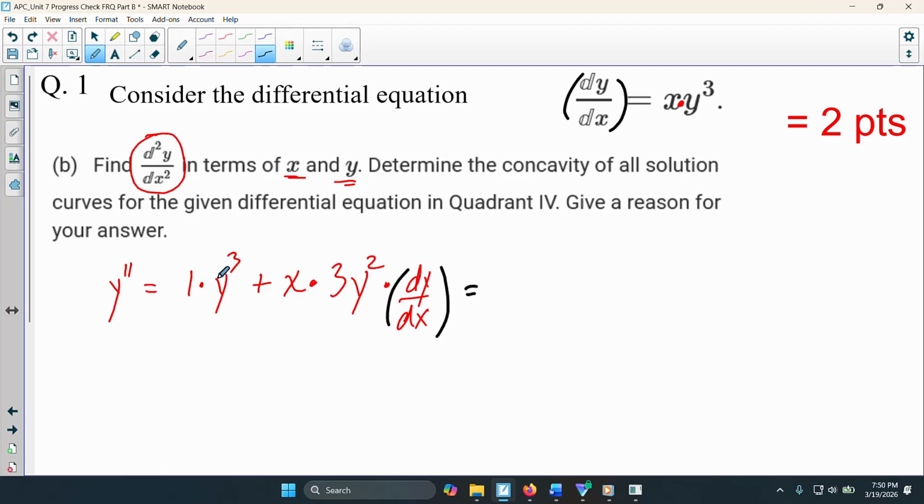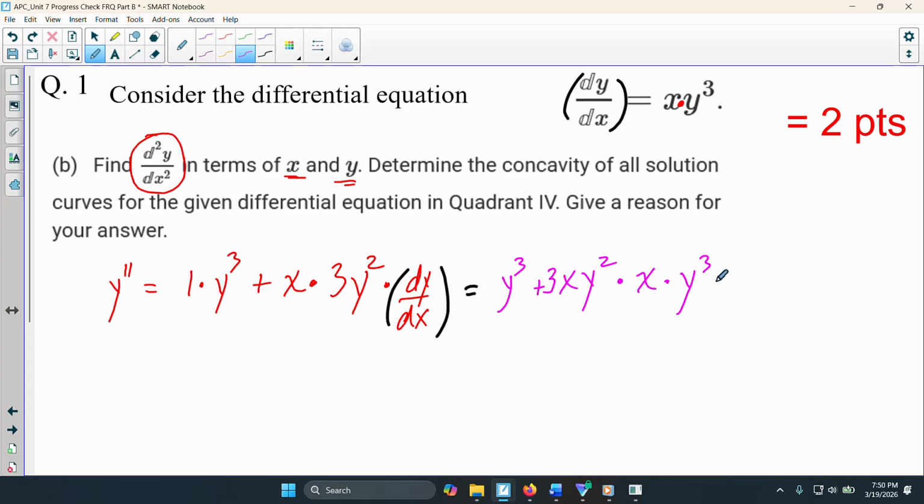Because it says in terms of x and y, you can't leave it like this, because this is not in terms of x and y. So it's just one quick rewrite. This is y cubed plus x, well, I'm going to put a 3 in front, 3x y squared times this, which is just x times y cubed.